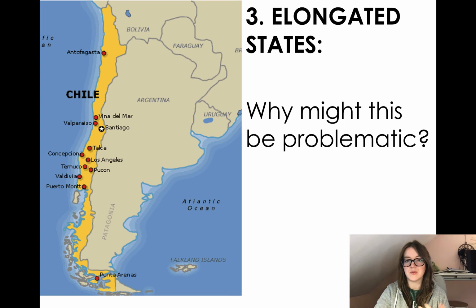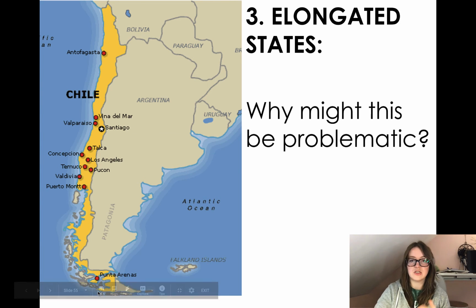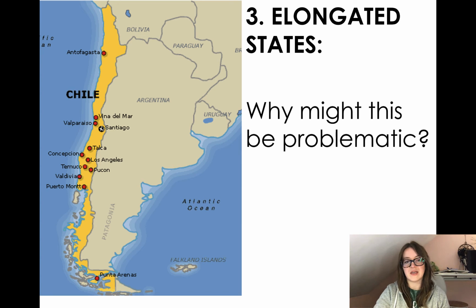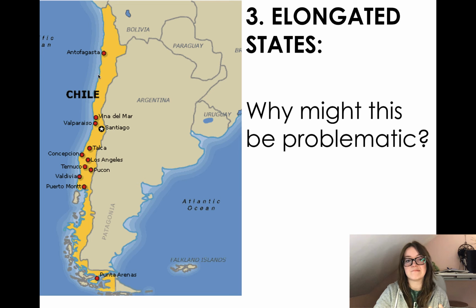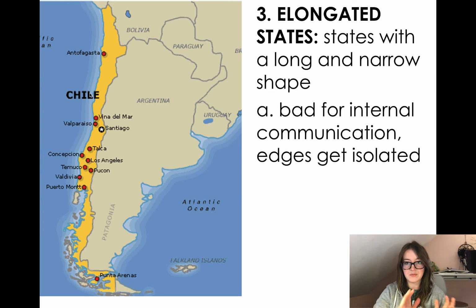The next one is elongated states. And I want you to take a moment to think about why these might be problematic. So Chile is a really great example of an elongated state. And I want you to think, we're looking at the capital, Santiago, right here in the middle. What's the problem when it has to get to something like Punta Arenas or up to Antofagasta? So think about the issues that might happen there.